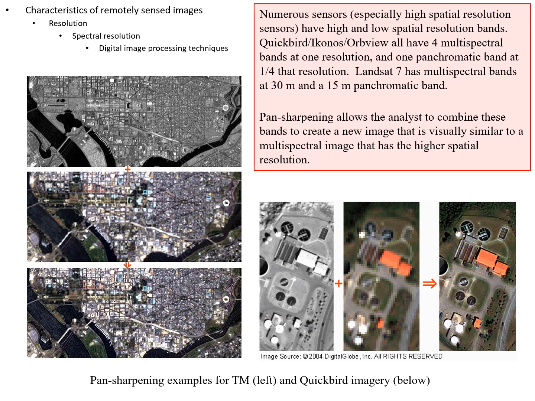There is a process called pan sharpening, and that's illustrated down there at the lower right, which allows you to combine these bands, the higher spatial resolution panchromatic, and then the multispectral bands, to give you a new image, that one on the right, that appears to have the higher spatial resolution, but also retains the multispectral data.